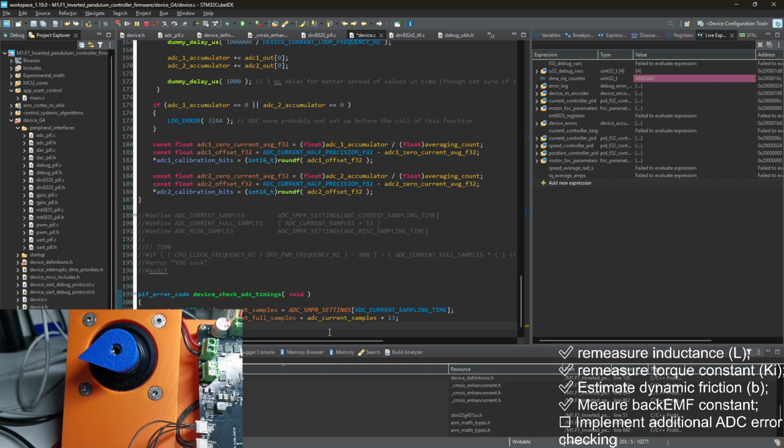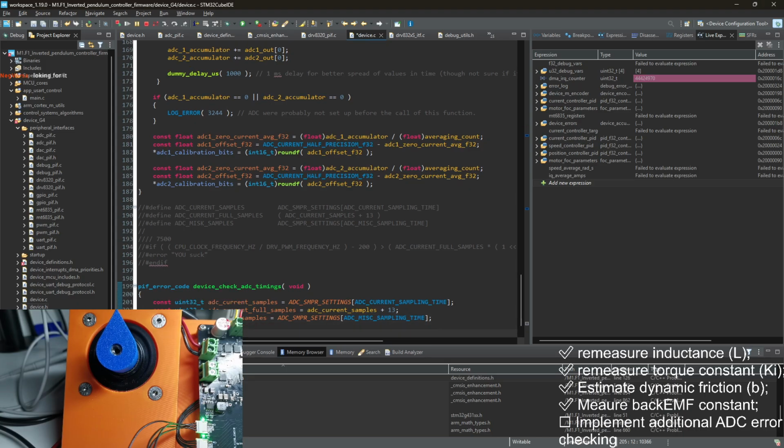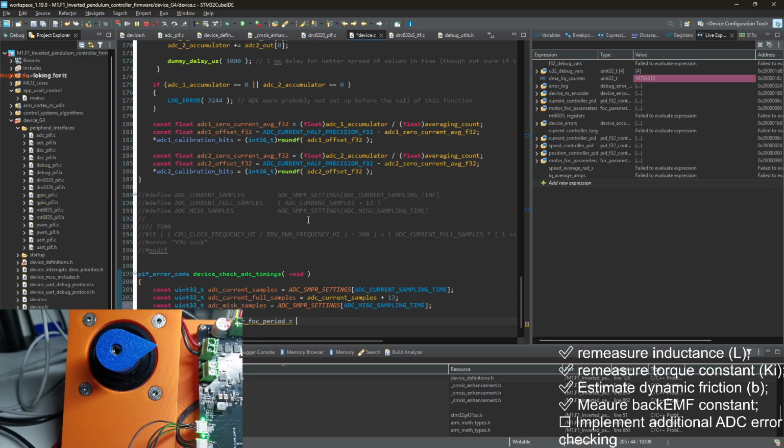Const misc samples uint32_t. ADC misc samples equals to this. And let's say const uint32_t cycles per FOC period equals to this.